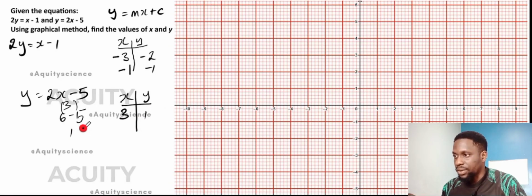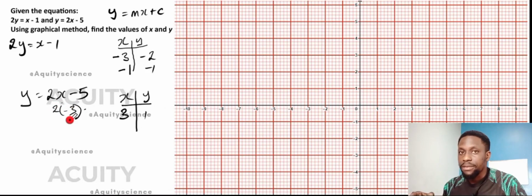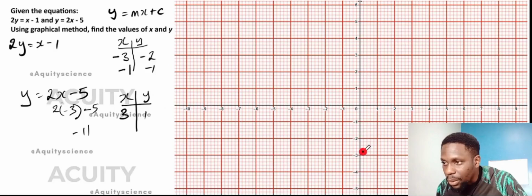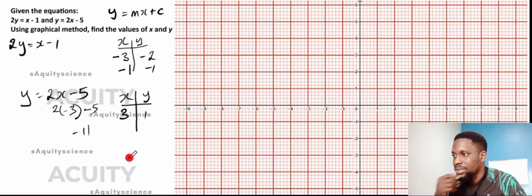I'll think of another number. Let me use minus 3. 2 times minus 3 is minus 6, and minus 6 minus 5 is minus 11. Do I have up to minus 11 on my y-axis? No, that's too much. I need to come down.